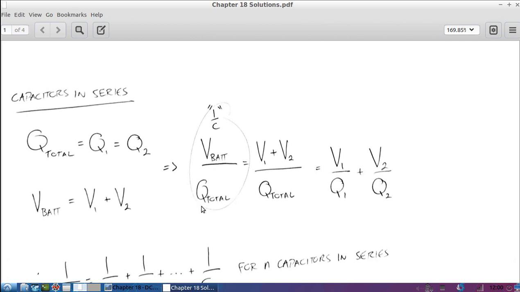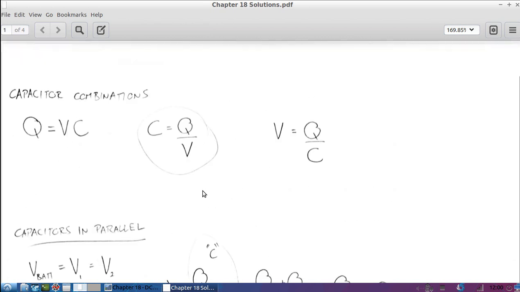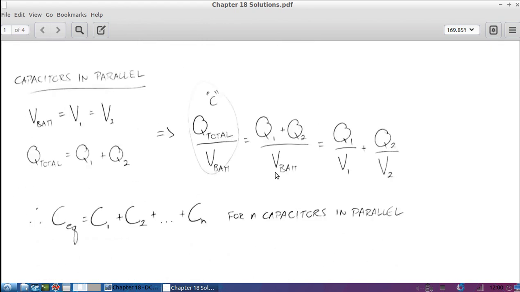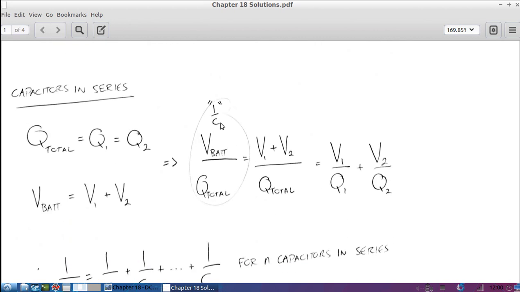So I've got V over Q, but V over Q isn't C. V over Q is the reciprocal of C, or the inverse of C. Okay, so V over Q is 1 over C. The reason I do that is because I can split the denominator, right? Q total is Q1 is equal to Q2. So I'm doing similar algebra as I did in the other step, but I'm writing this as V over Q.